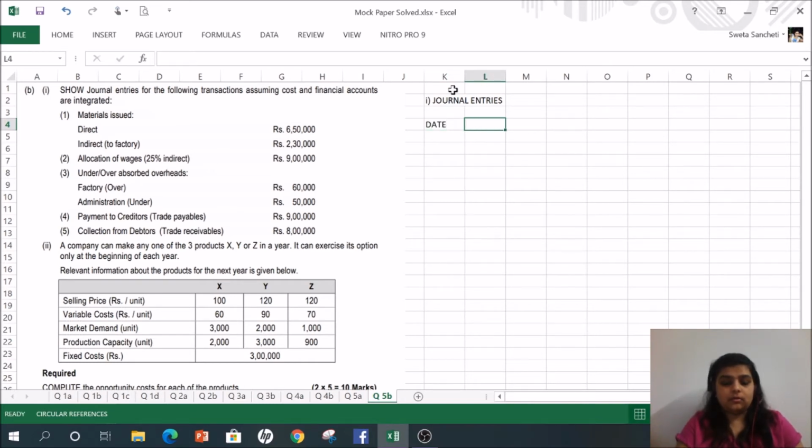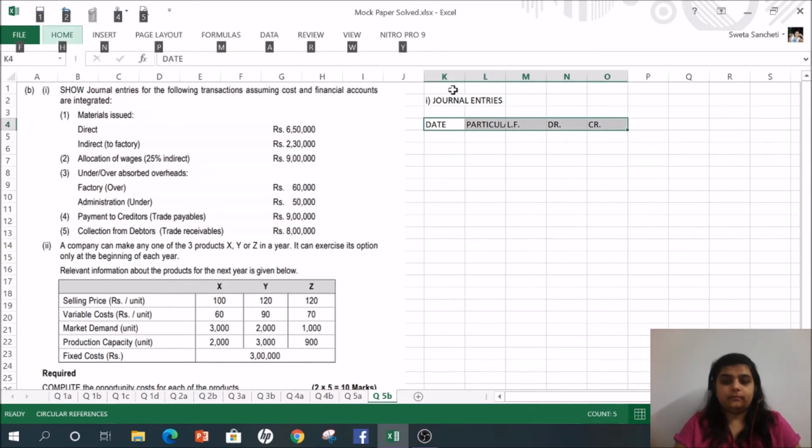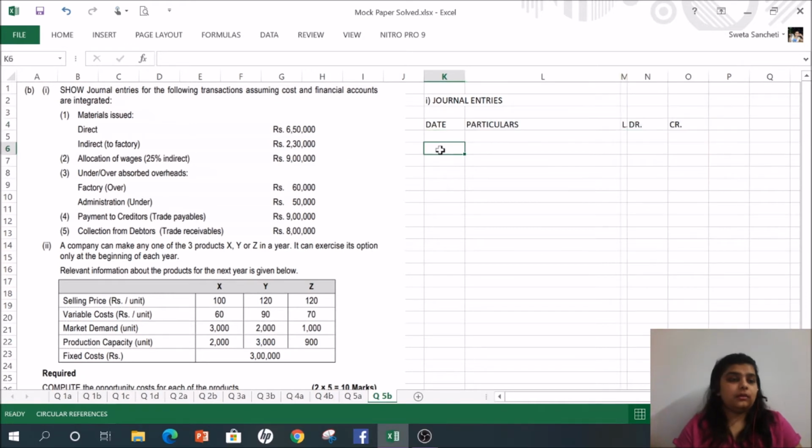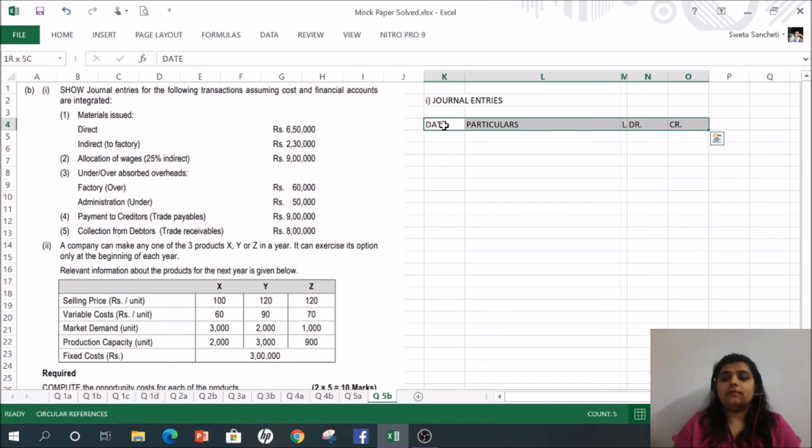date, particulars, LF, debit and credit. We don't have any LF or any date in the given question, but still we have prepared our format.